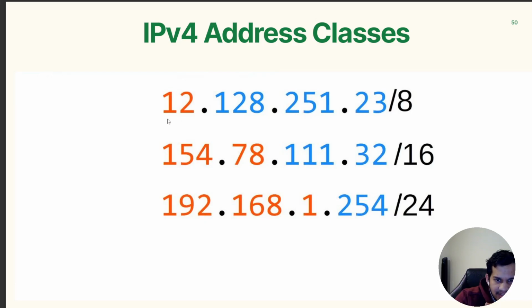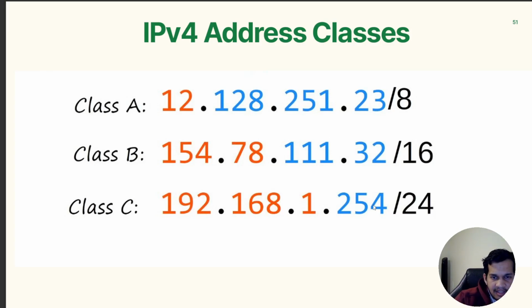Similarly in /16, the first 16 bits are for the network and the rest 16 are for the host. In /24, the first 24 bits are for the network and the rest 8 are for the host. I hope this is clear. And this comes under class A, class B and class C, as you can see over here.